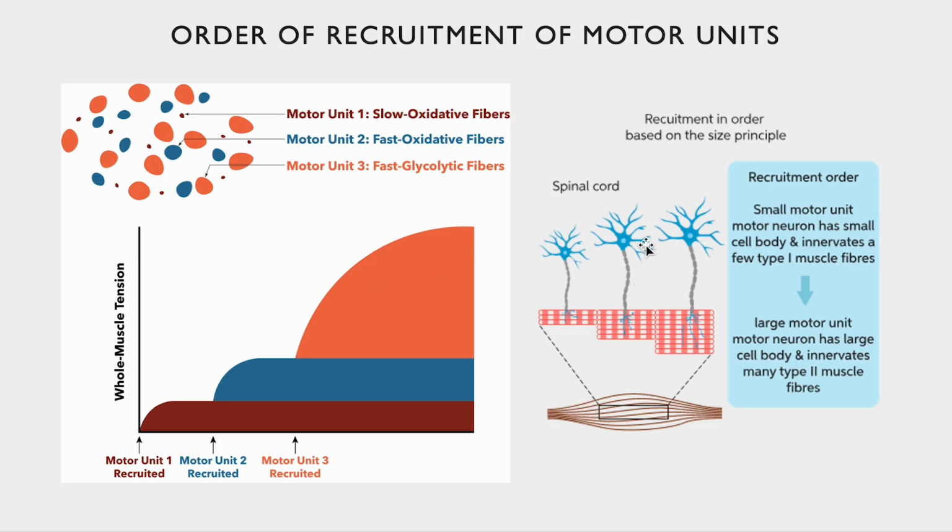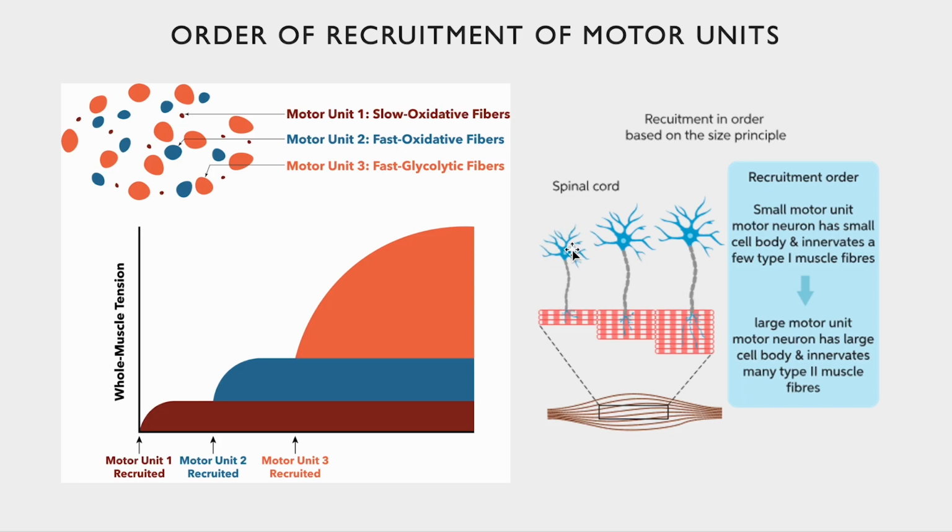On the right side, we have something that represents the same idea, but representing the motor neurons and the size of motor units 1, 2, and 3. Any muscle will contain different combinations of type 1, type 2A, and type 2B skeletal muscle fibers, each of them innervated by a single neuron.